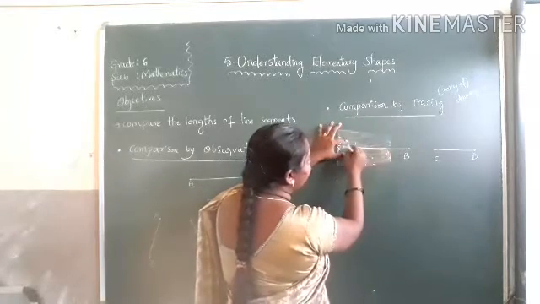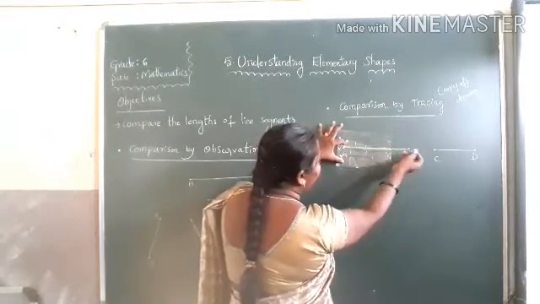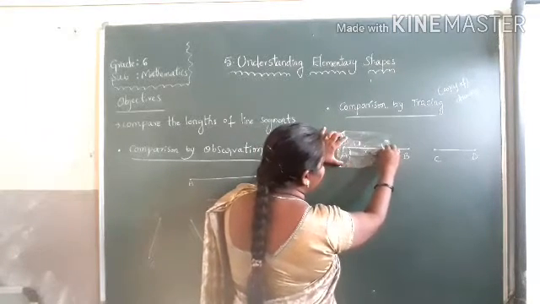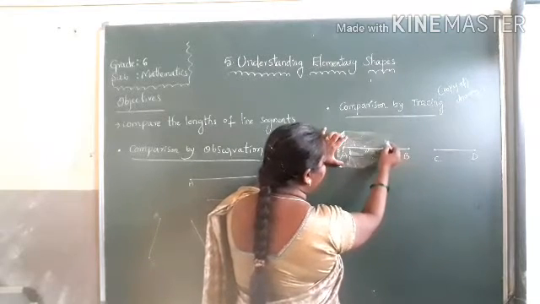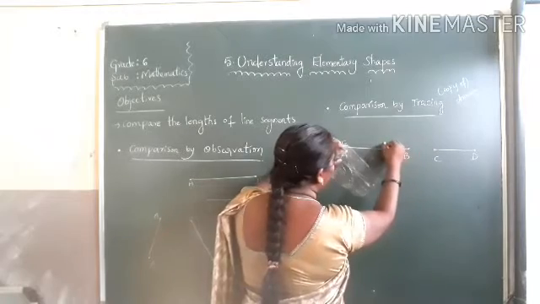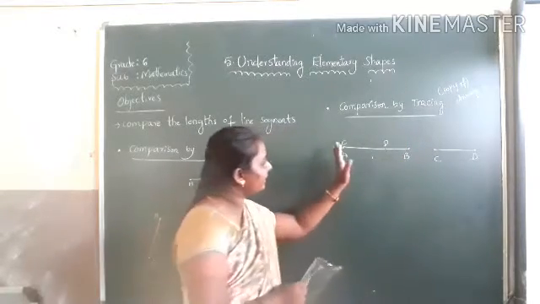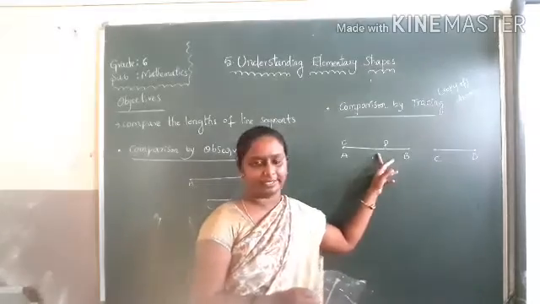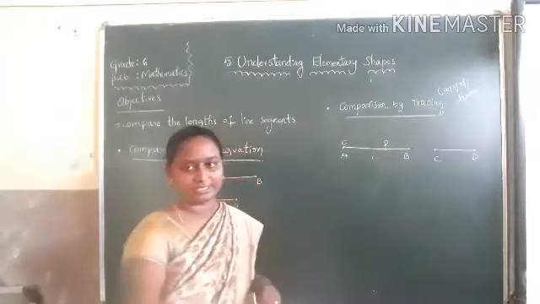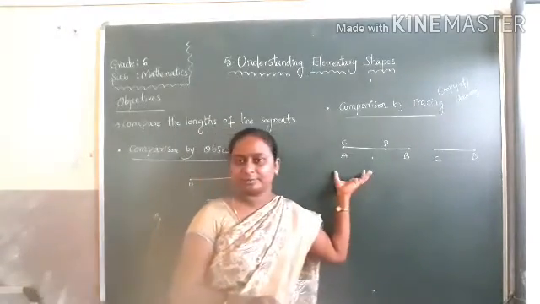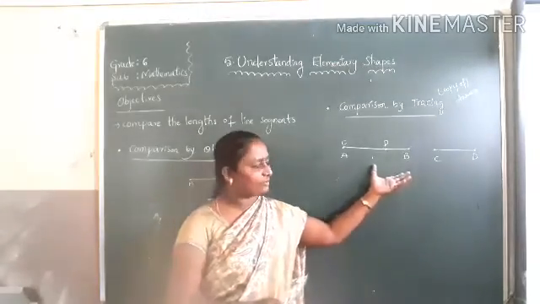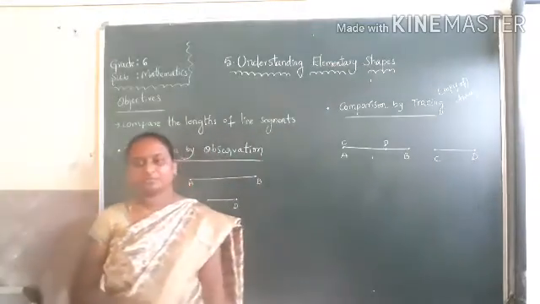Here instead of A, which point is placed? C. And here instead of B, which point is placed? No, it is in the middle. So not B, in the middle the D point came. Very good. Now tell me which line segment is longer. AB line segment is longer than CD. So all the time it is possible.